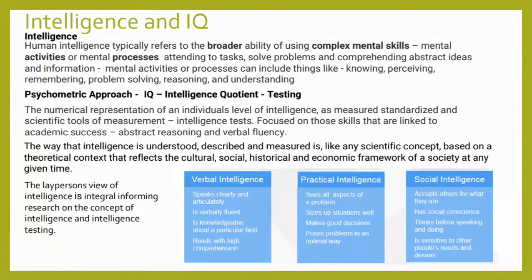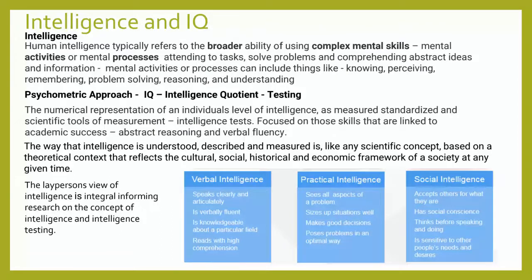There is a psychometric approach, which is the scientific approach for measuring intelligence, which we call IQ, the intelligence quotient. So intelligence itself is very broad, but there is a specific scientific process for measuring it, and it comes down to measuring an IQ, which is where the words intelligence quotient come from.